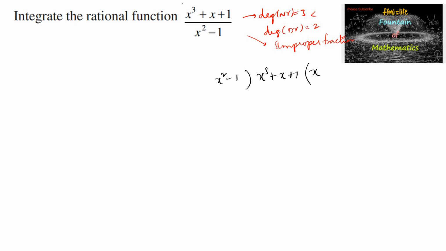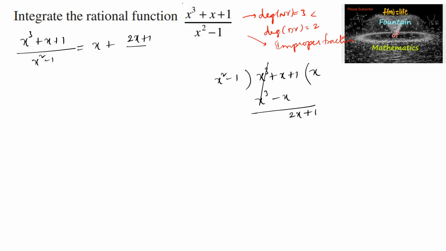So we'll get x times x power 3 minus x, so that we get 2x plus 1 as the remainder. So here we can write x power 3 plus x plus 1 upon x square minus 1 as x plus 2x plus 1 upon x square minus 1.